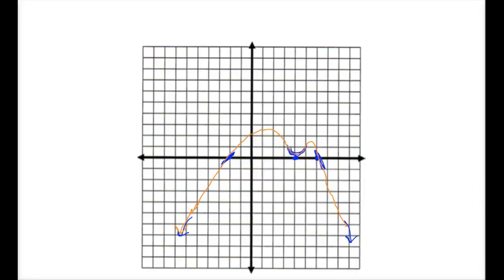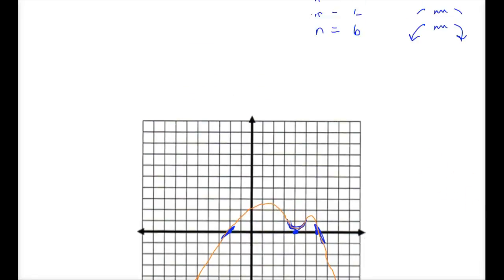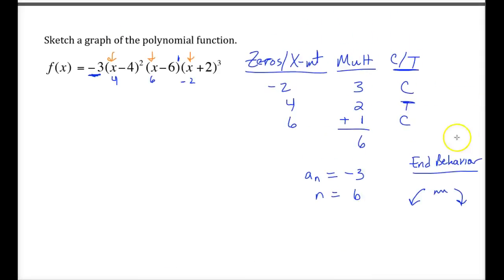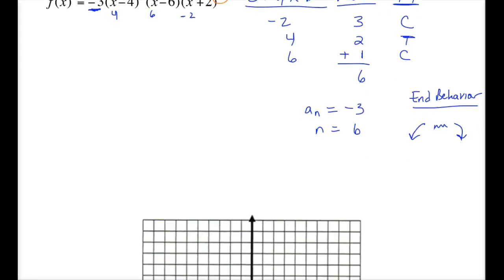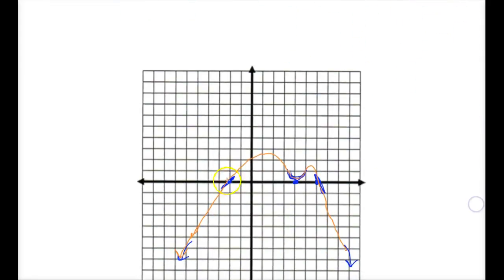Okay. The only other thing that I want to add here is, since we know that at x equals -2, at that particular 0, since this is of multiplicity 3, it does cross through like how you see here, but since it's raised to the third power, it takes more of the shape of x cubed.